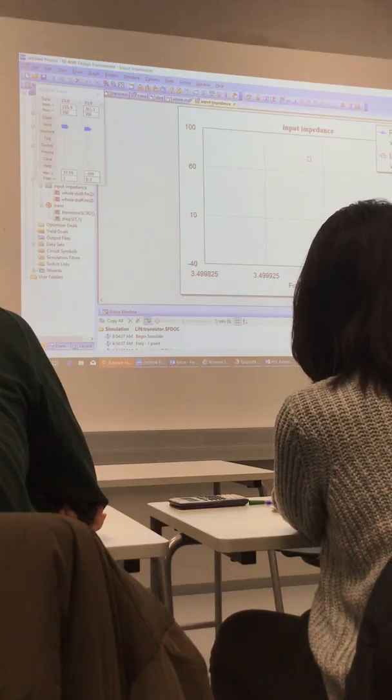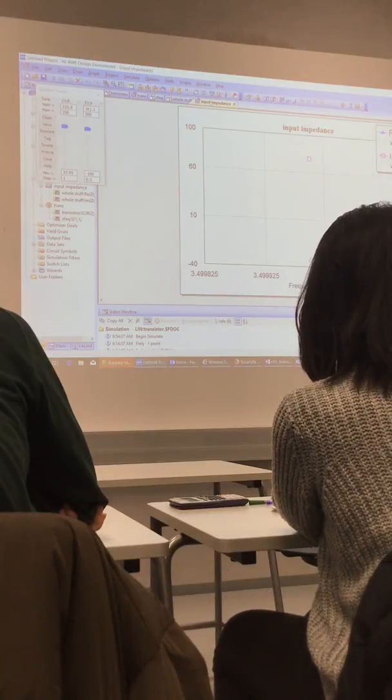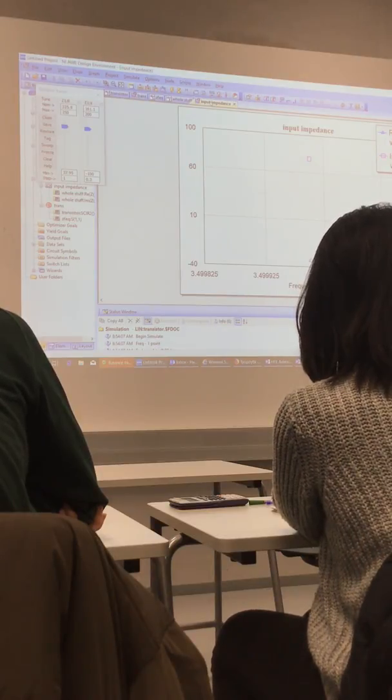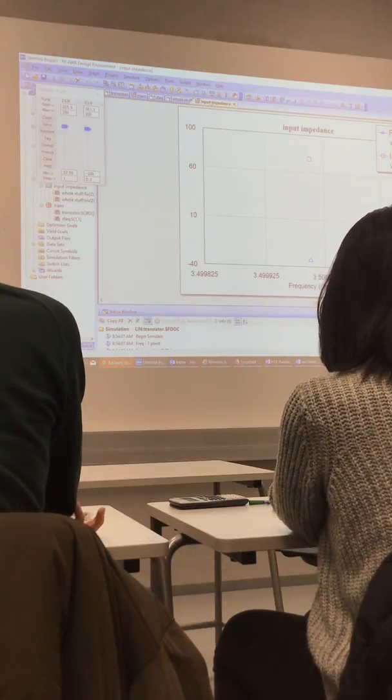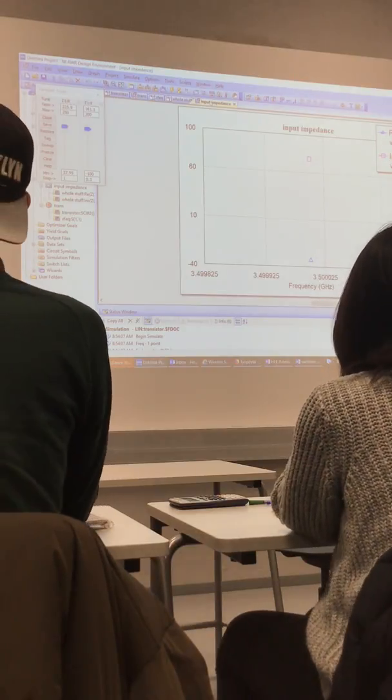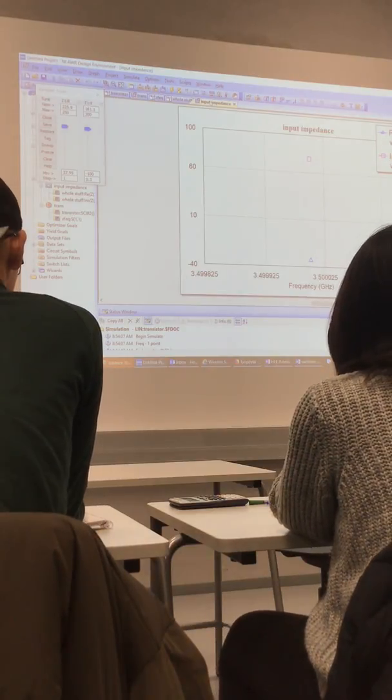But for example, you should be happy with 50. You could be already happy with 40. You could be happy with 100. You shouldn't go much above 100.